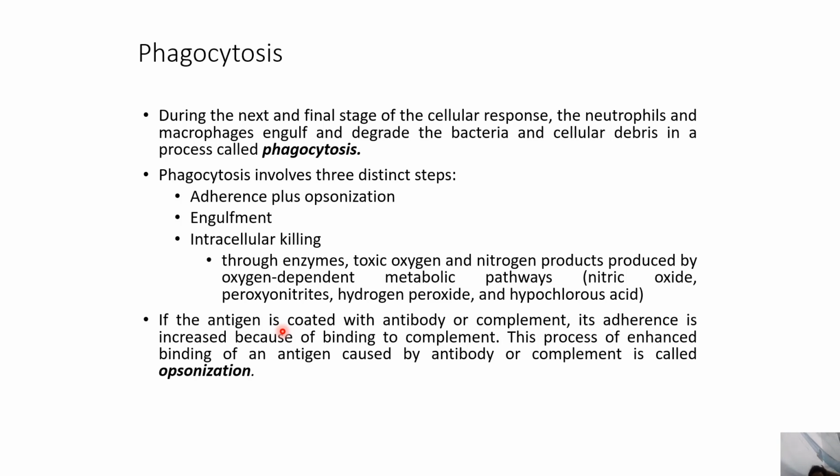Phagocytosis involves three distinct steps: adherence plus opsonization, engulfment, and intracellular killing. Intracellular killing happens through enzymes and toxic oxygen and nitrogen products produced by oxygen-dependent metabolic pathways, like nitric oxide, peroxynitrites, hydrogen peroxide, and hypochlorous acid.